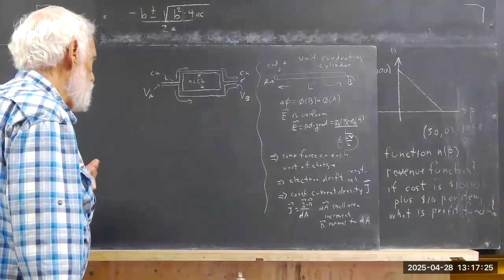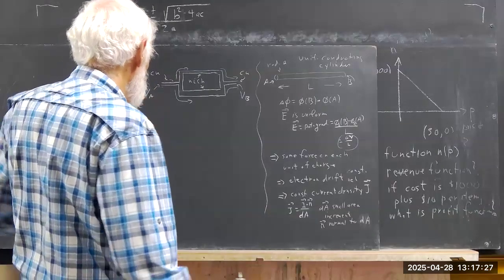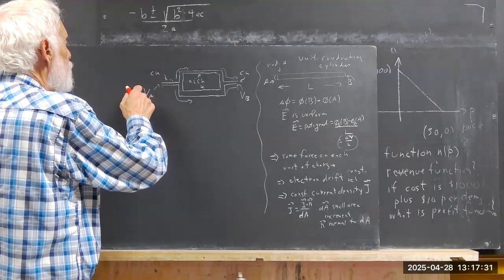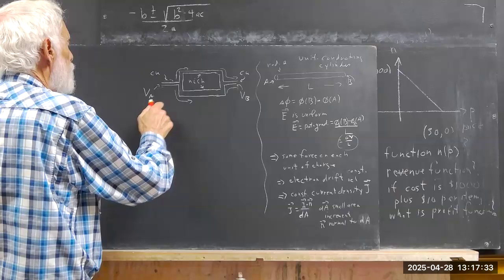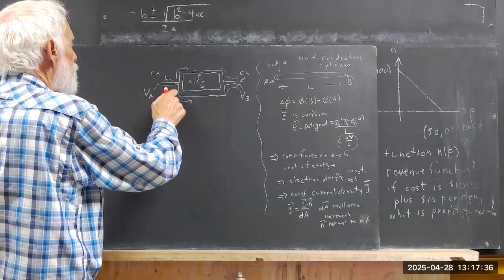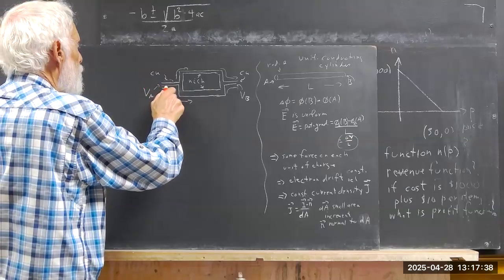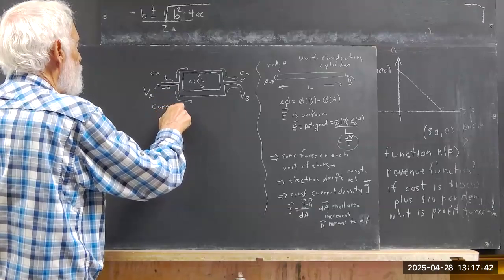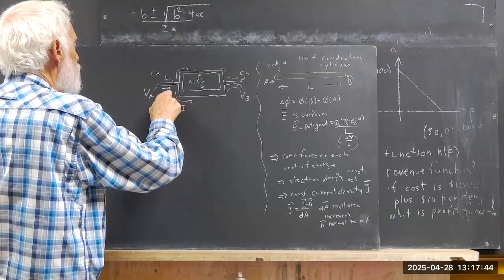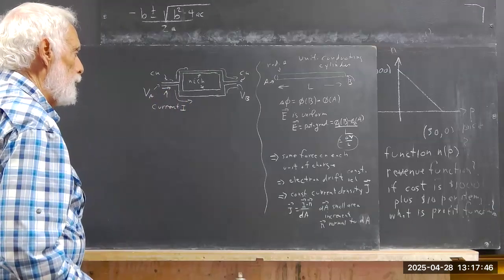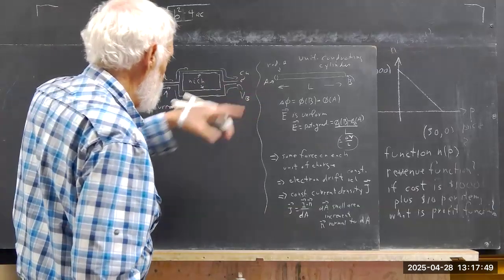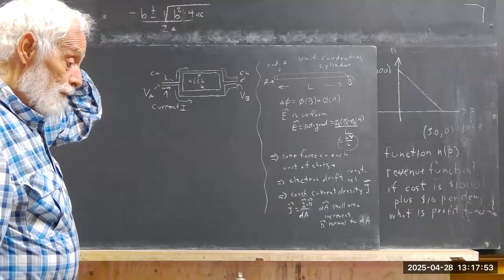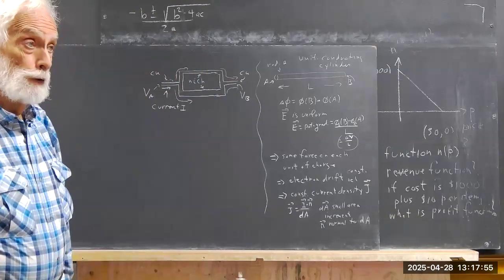Well, presumably you have some current. Have a current I here, and you're going to have the same current coming out here because there's no place for charge to accumulate.